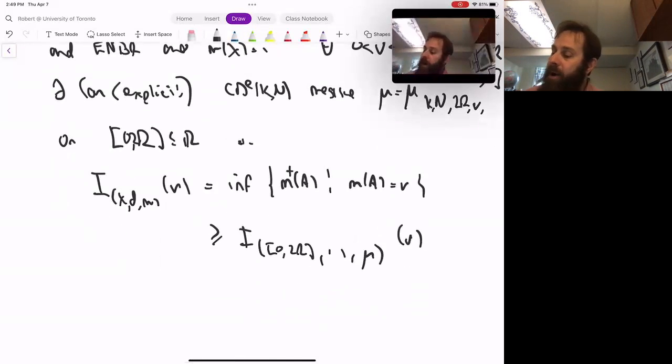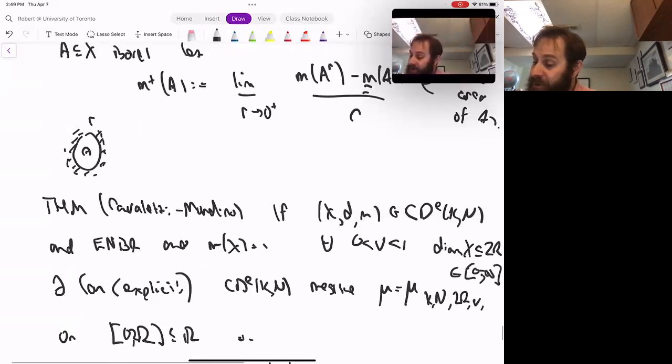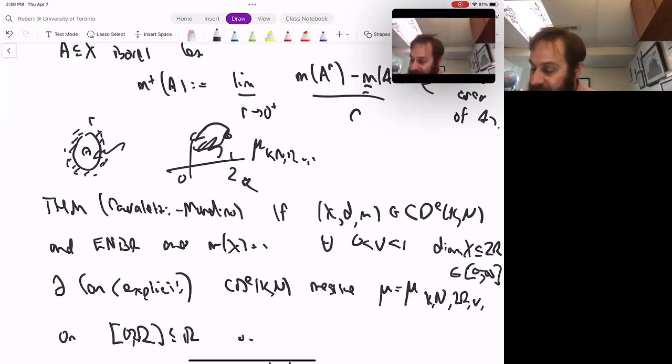So in other words, among all spaces with the parameters K, N, the diameter bound 2R, when I look at the surface area of a set A, it's controlled by what the surface area would be on the interval of 2R with some measure mu that depends on these various parameters, and which we know is CD(K,N), so it has some nice convexity property or log concavity property.